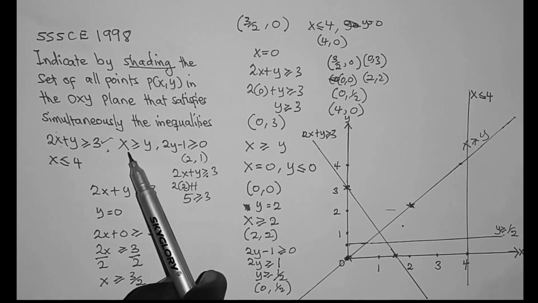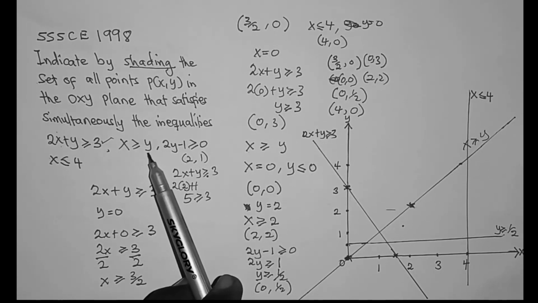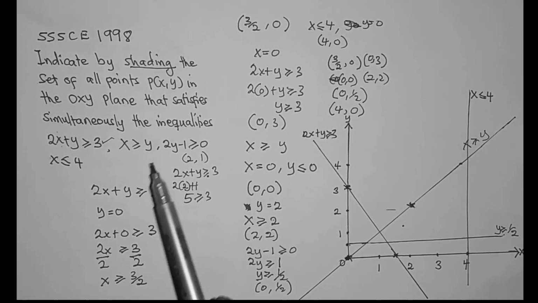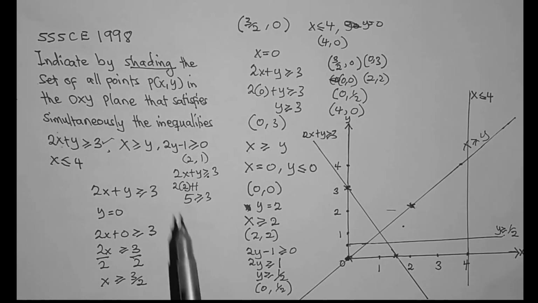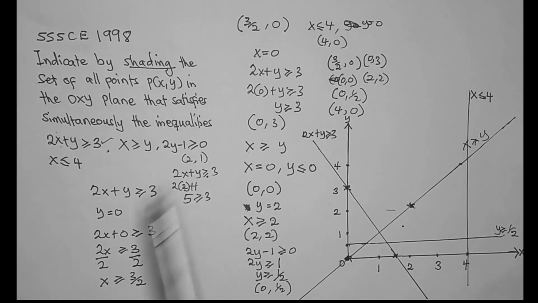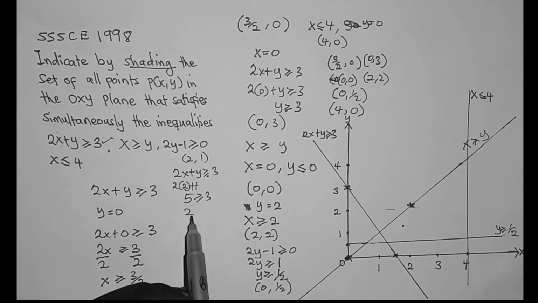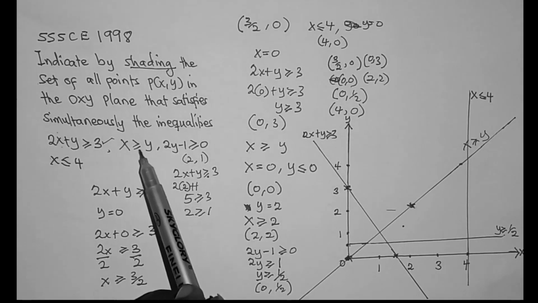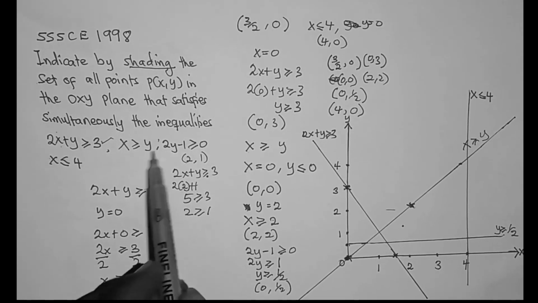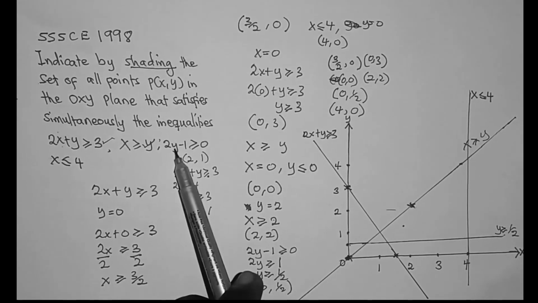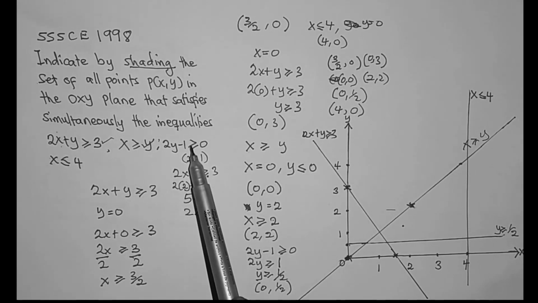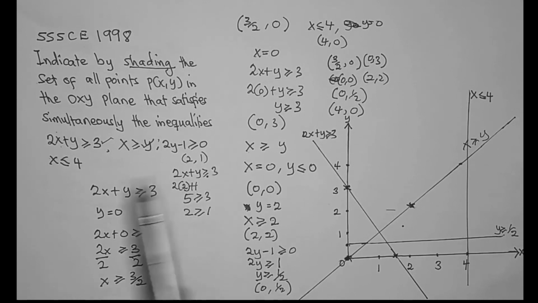Let's come to this inequality: x is greater or equal to y. The point is (2, 1). Now 2 is greater or equal to 1. That is true, so it also satisfies this inequality. Let's come to this inequality: 2y minus 1 is greater than or equal to 0.